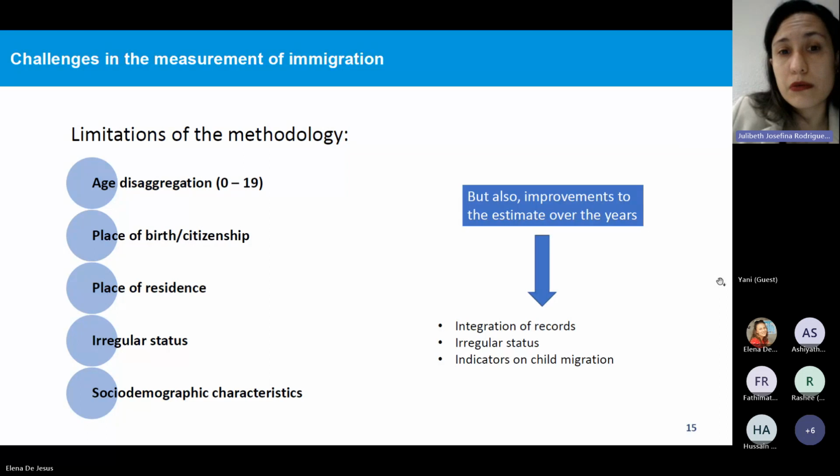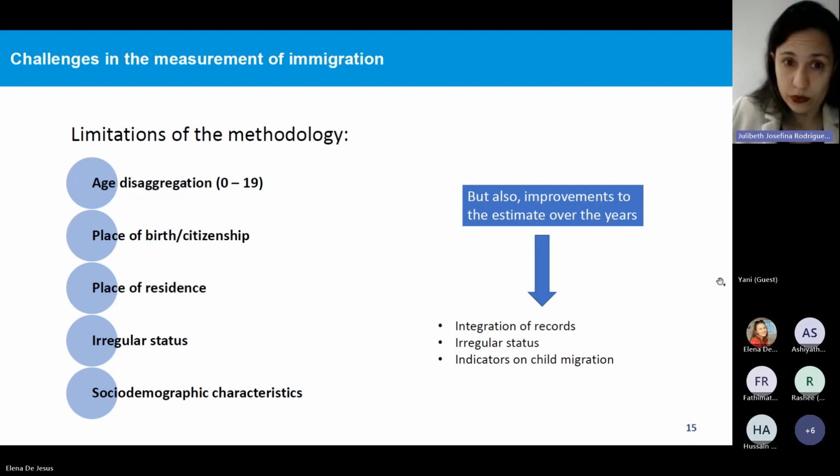And as I mentioned at the beginning of the presentation, information sources have different ways to define the migrant. The census uses country of birth, and administrative records use citizenship, or in our case, we use the word nationality.